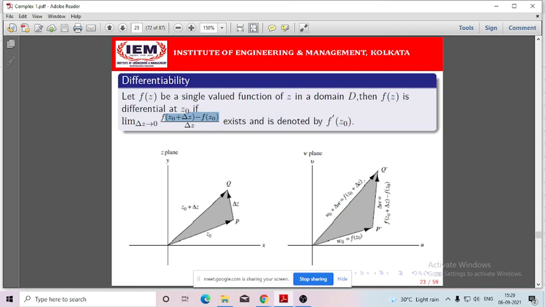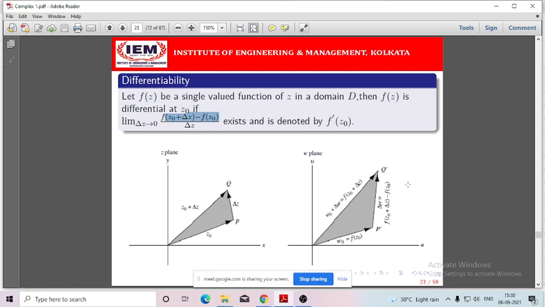So if I consider a triangle here, if these are the position vectors of p prime and q prime respectively, then this should be this minus this as a vector law, because if three vectors form the three sides of a triangle, then this one will be this minus this. So what will be this difference? That is del of w. Del of w means the difference between this minus this, so f of z0 plus del z minus f of z0. So this length will be this one. Is that clear?